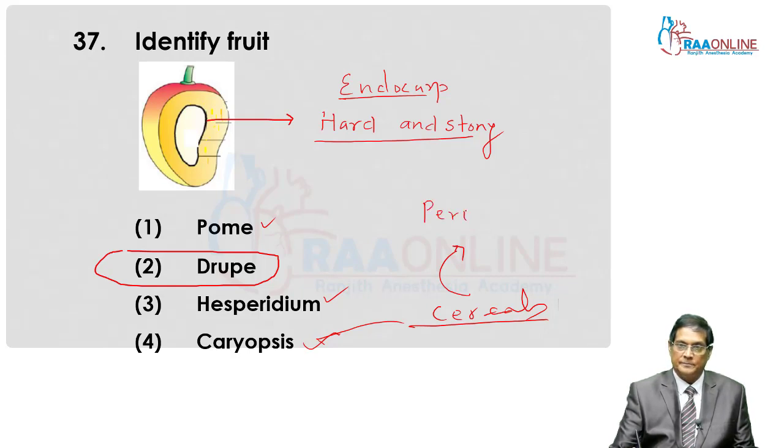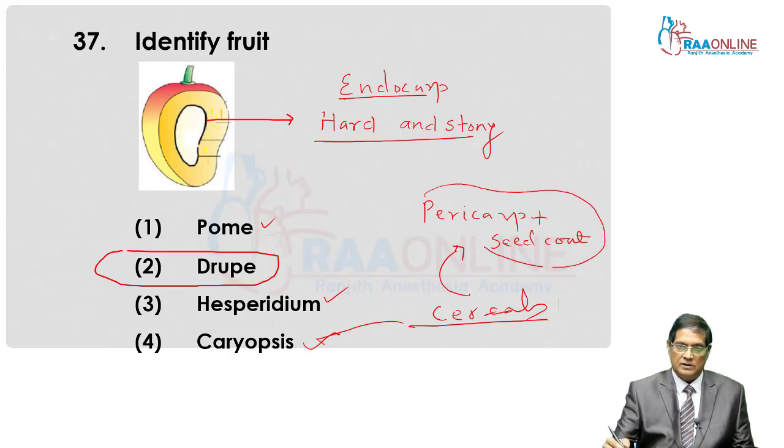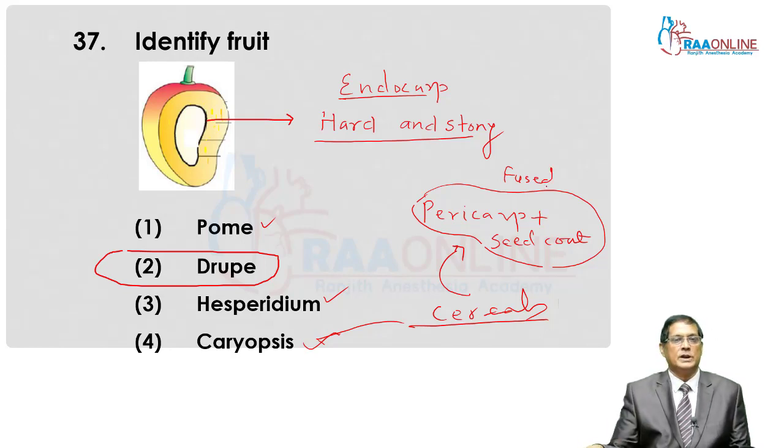Pericarp is tightly fused with the seed coat, and inseparable. This is the characteristic feature of Caryopsis fruit.